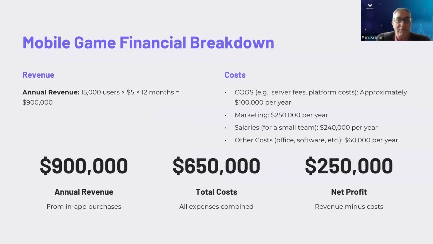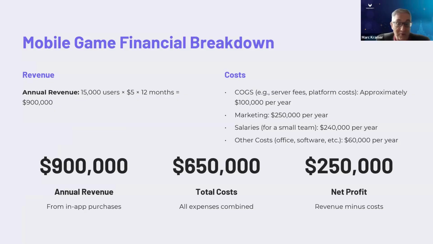If you look at the mobile game financial breakdown, you see the annual revenue would be $5 a month times 12 months times 15,000, $900,000. In Vietnam, that's a lot of money. You make really good money on $900,000. Your cost of goods are server fees and platform costs, which are $100,000. Your marketing might be $250,000.